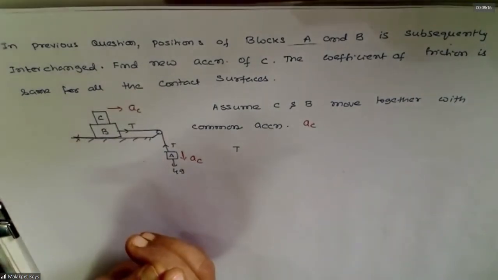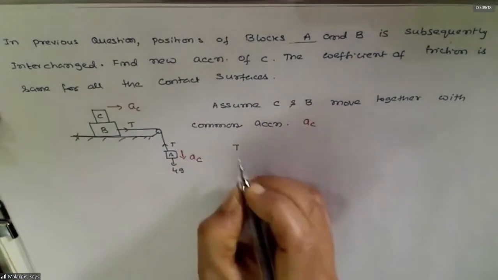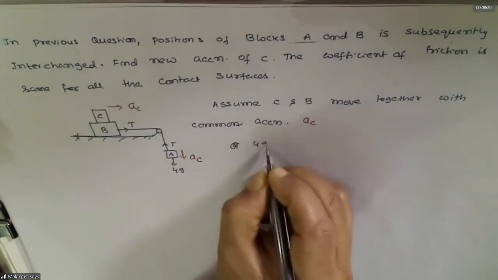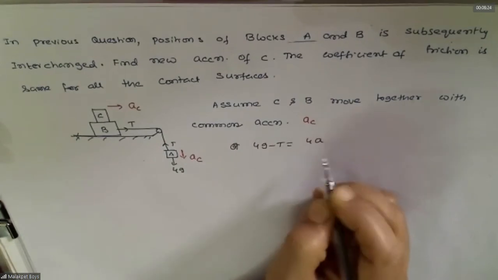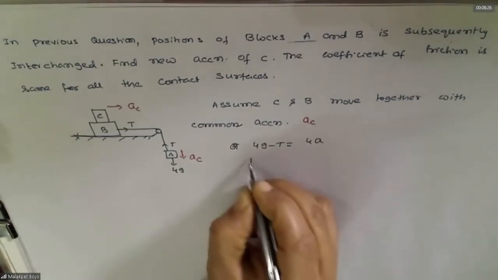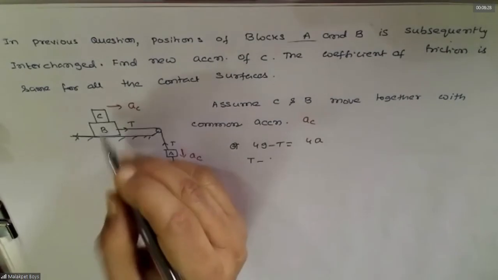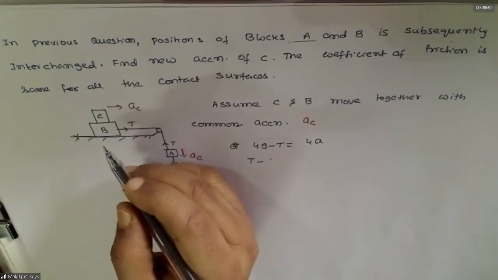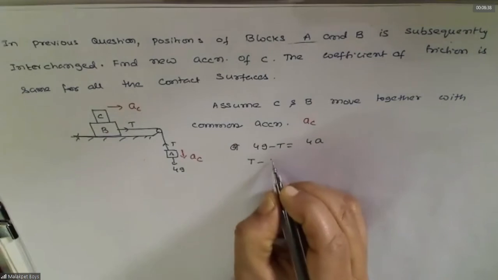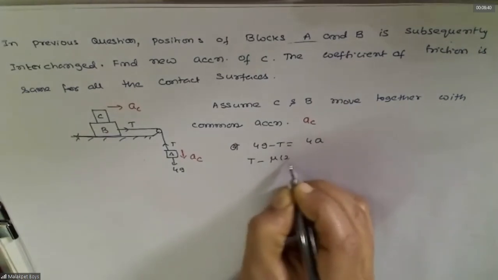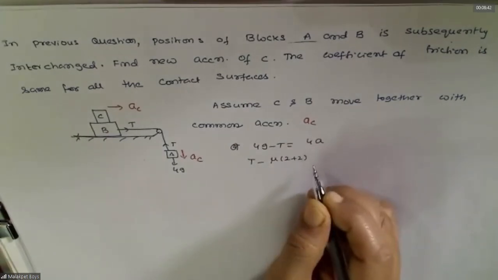Right. Now we'll frame the equations. One is 4g minus T equals 4a, and T minus friction equals total mass times a. What is the total mass? 3 plus 1, no? 2 plus 2, sir. B and C, 4. This is a normal reaction, no?